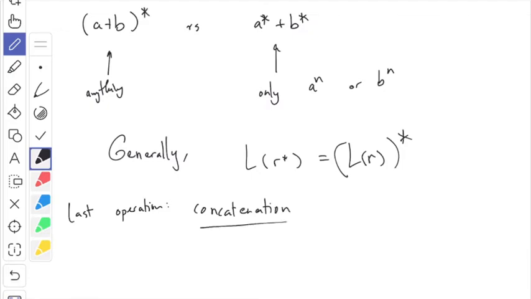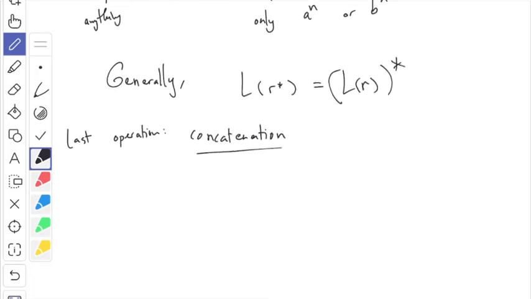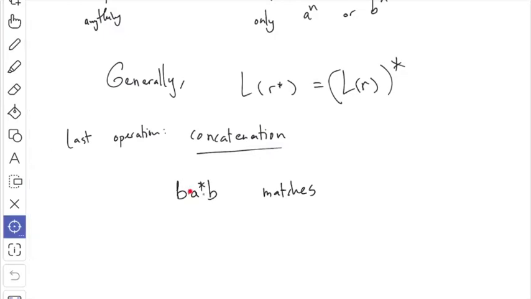So, for example, if I have something like B A star B, this matches. Concatenation is what you see. You don't write it with any operation, but it's kind of like multiplication or whatever. It just means when you write two things next to each other. That's called concatenation. And what does this match?